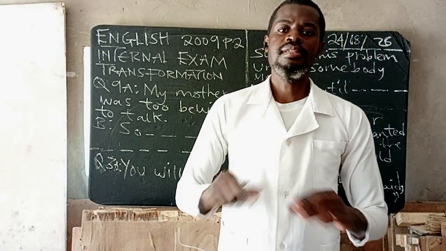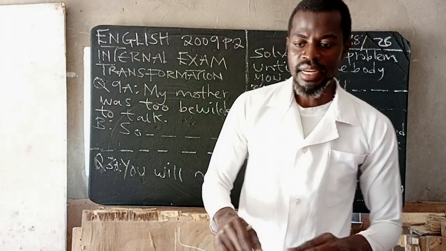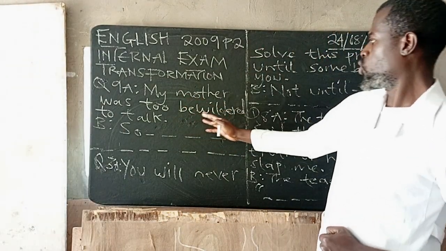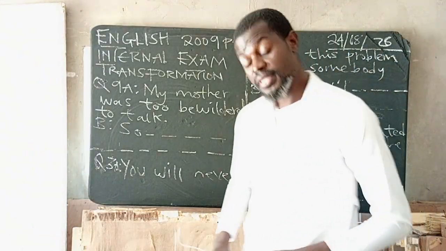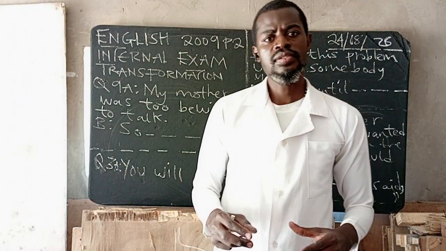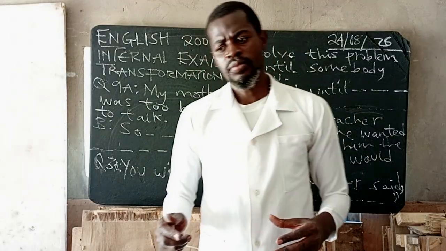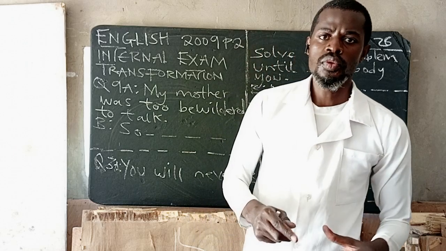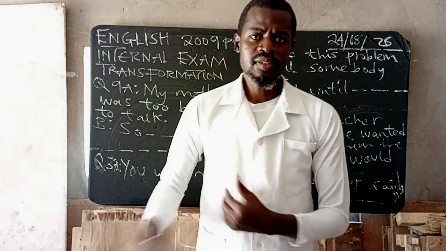So remember, it is a random selection. I'm selecting randomly. Number 9 says, my mother was too bewildered to talk. So this is a result, guys. What you have to know about the use of results is that whenever you use a word which is a result, you are supposed to show the result of an action, the outcome of an action.